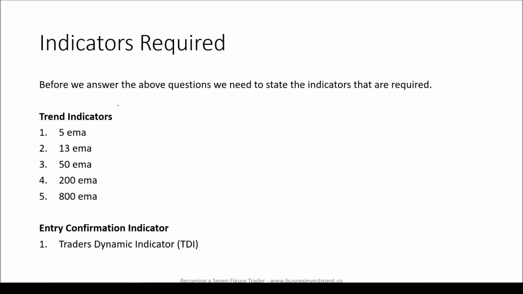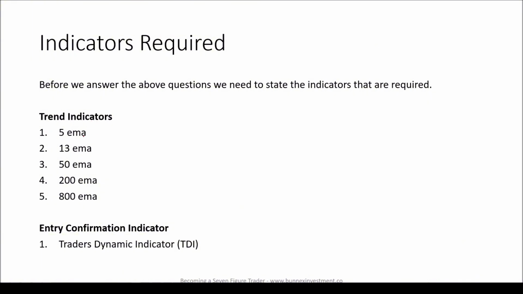So before we answer each and every question above, we need to actually talk of the indicators that we are going to use. We are going to have two categories: the trending indicators and the entry confirmation indicator. On the trending side, we are going to use exponential moving averages. These are default indicators that are obtainable on any trading platform, be it TradingView, CTrader, DXTrade, NinjaTrader, MT4, MT5.